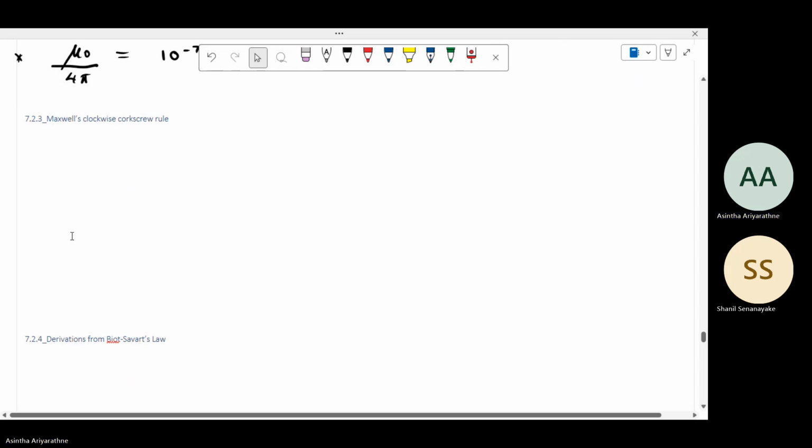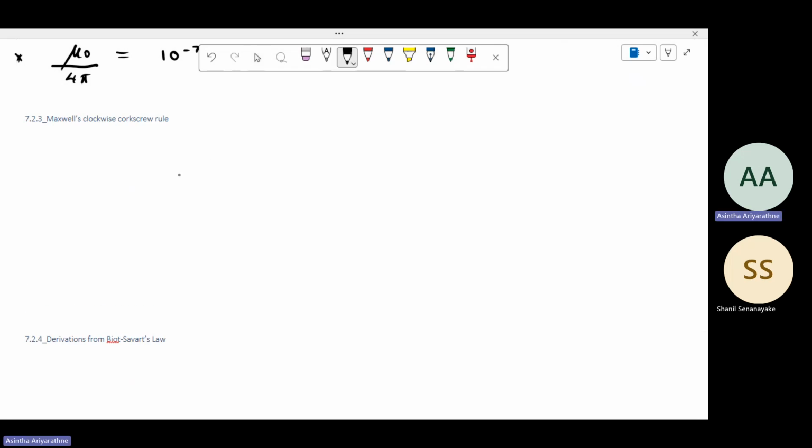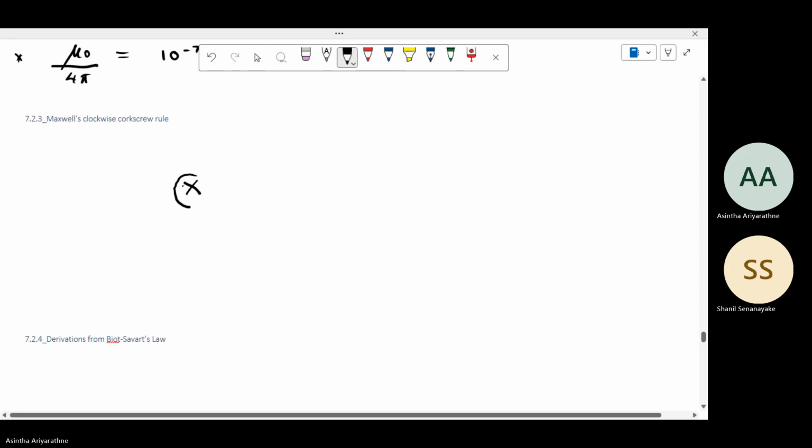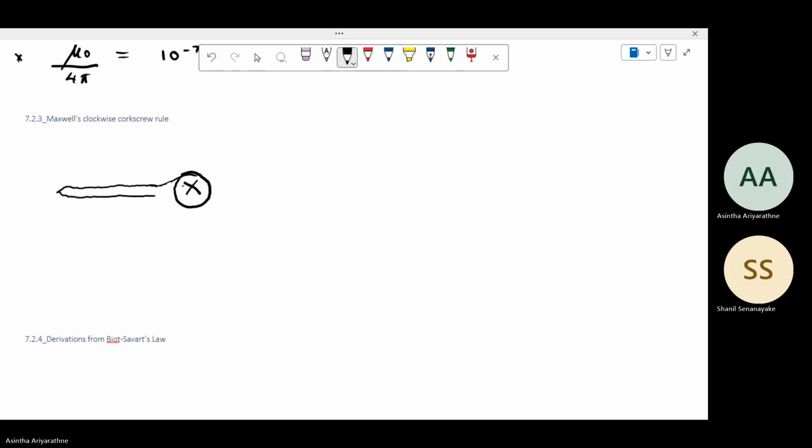So if we consider a screw like this, there are threads going on.